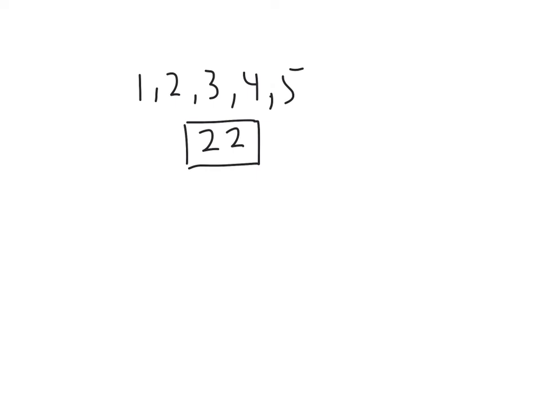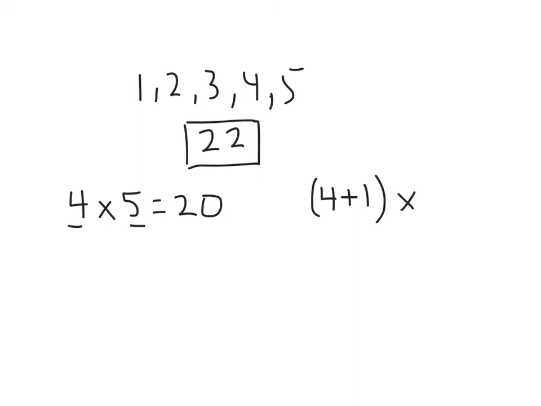So hopefully you've looked and you're like, well, the two highest numbers that I have are 4 and 5, and if I multiply them together, I get a number that's 20, so it's below 22. So what you could do is you could add a number to one of these before you multiply it. So for example, you could do 4 plus 1 to make 5, and then you could multiply that by 5, and that will give you 25.